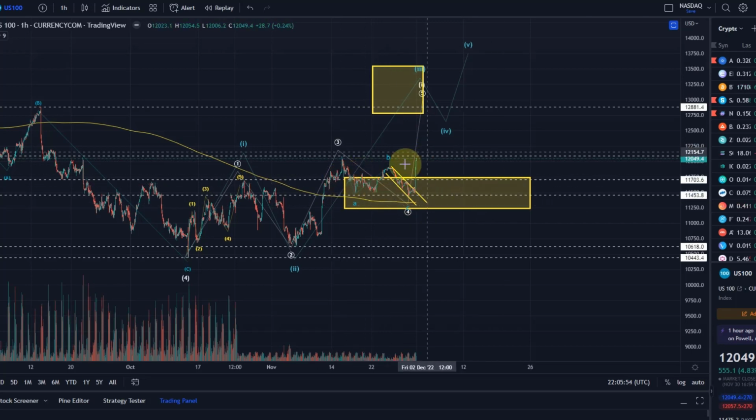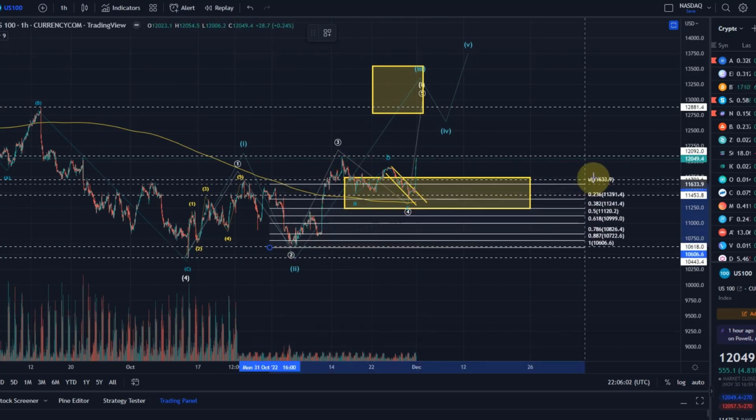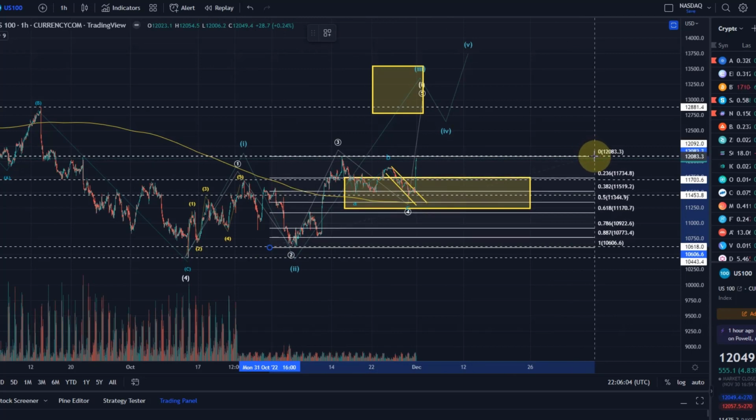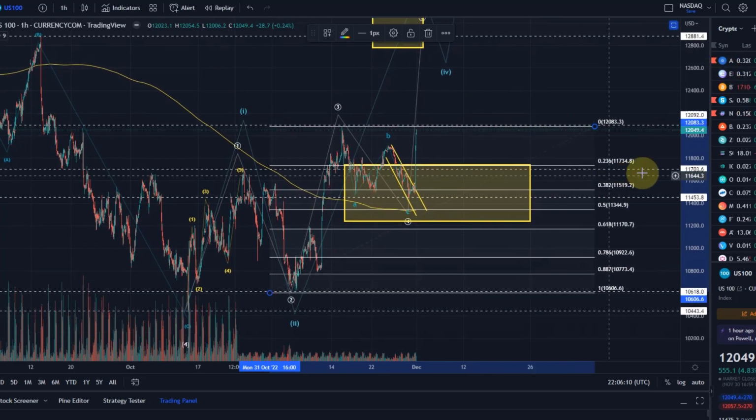So this area here, the yellow box, is the area where in a wave 4 you would ideally find support. Let me just show you that based on the fib levels here.